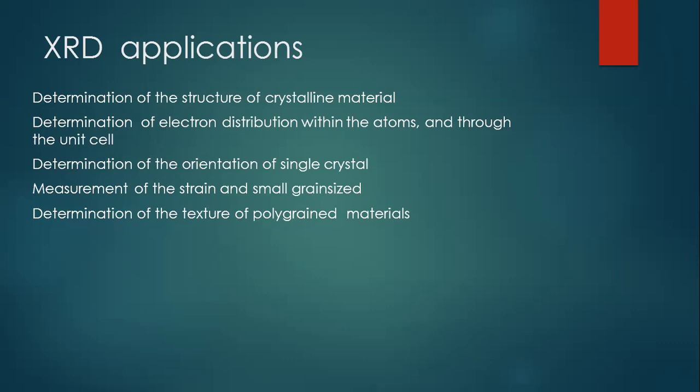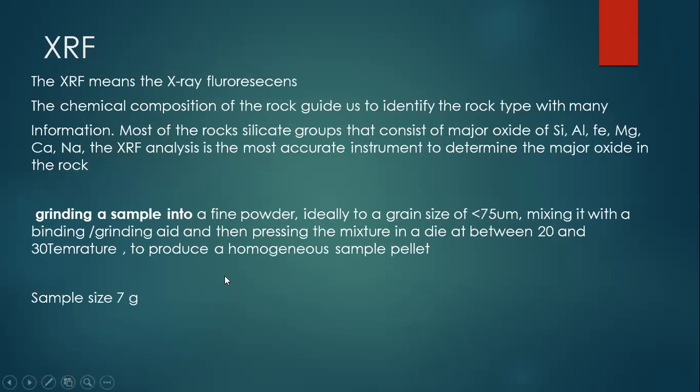After we have talked about the XRD, now we will talk about XRF. So what is the difference between the XRD and the XRF? The XRD is used to make the mineralogical classification, but the XRF is used to determine the chemical composition.